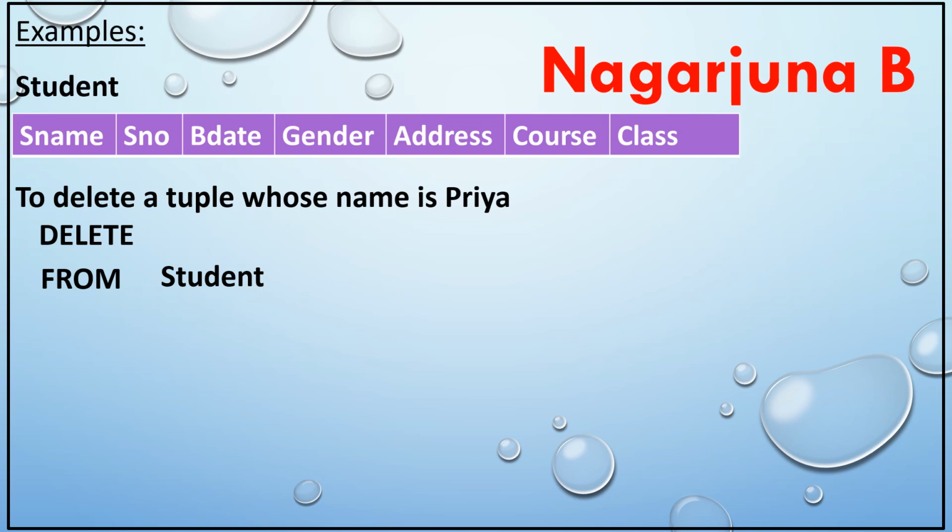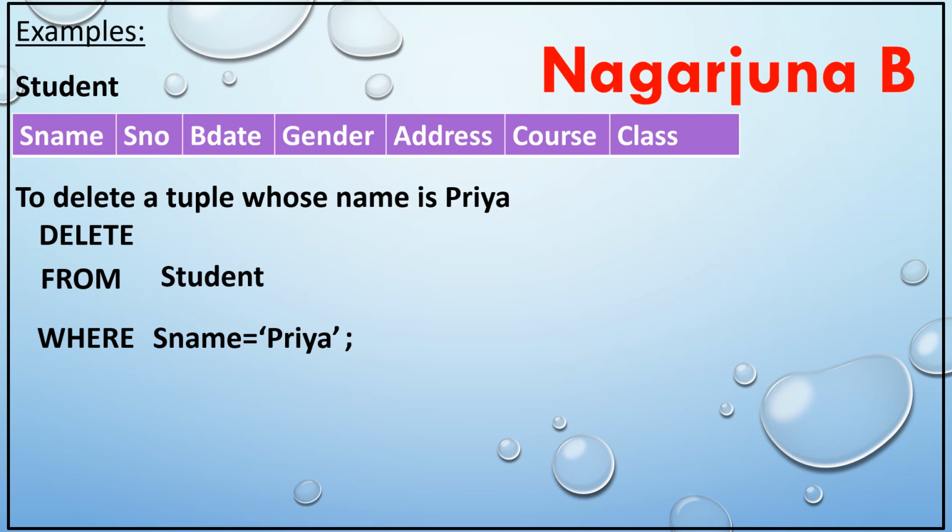The condition is name is Priya. It means where sname equal to within a single quote Priya, and at the time of inserting I wrote P as uppercase and the remaining in lower case. After that it has to be terminated with a semicolon.